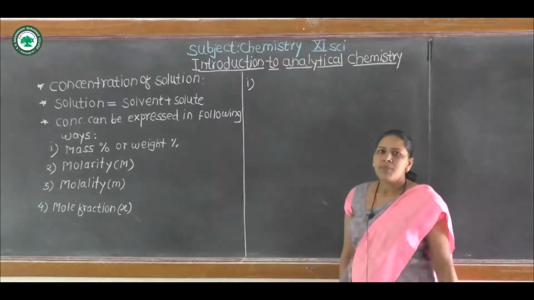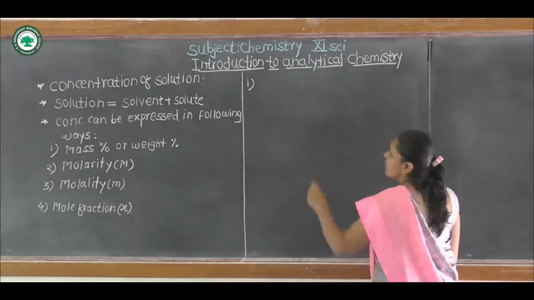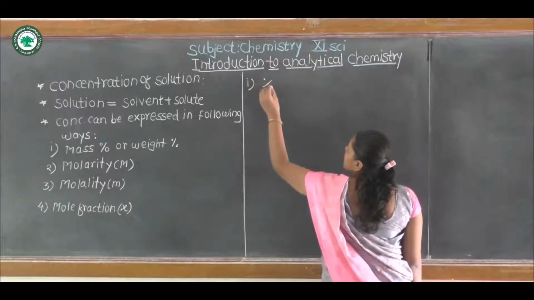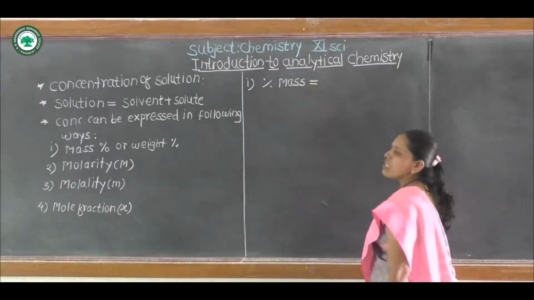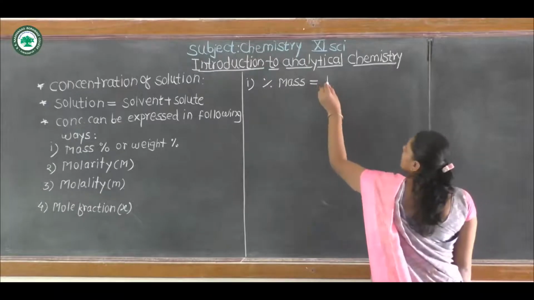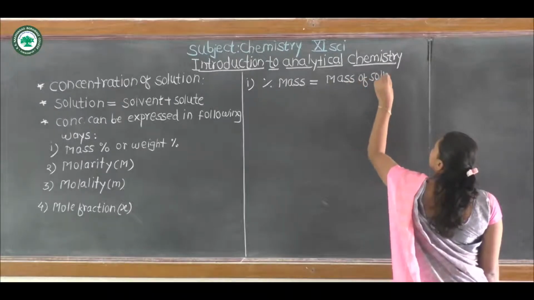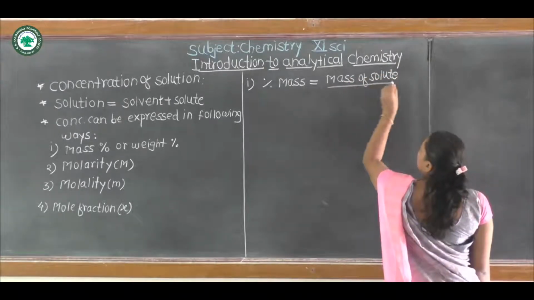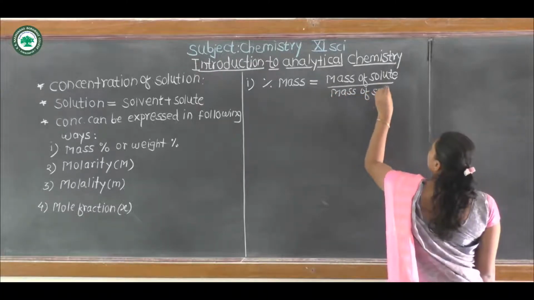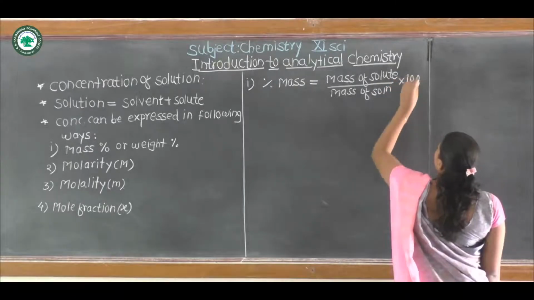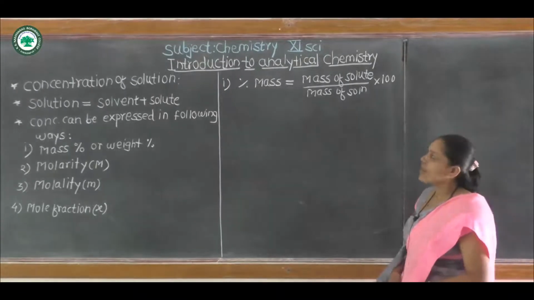The formula for mass percentage is: percentage mass is equal to mass of solute divided by mass of solution, multiplied by 100. By this formula, we can calculate percentage mass or weight percentage.